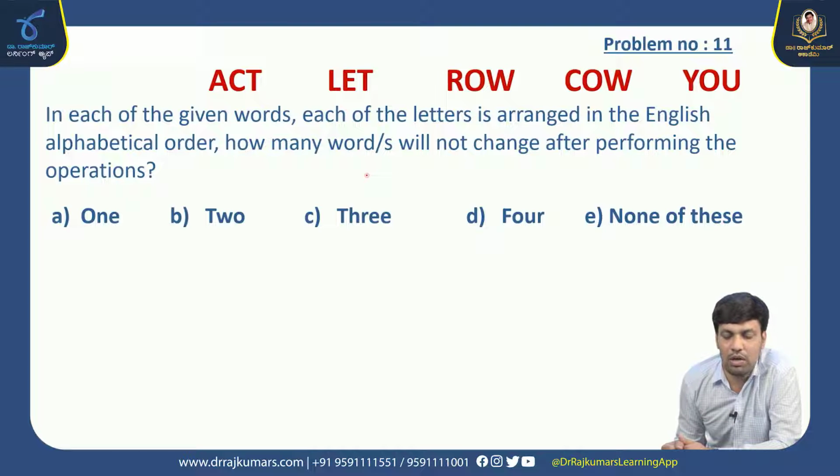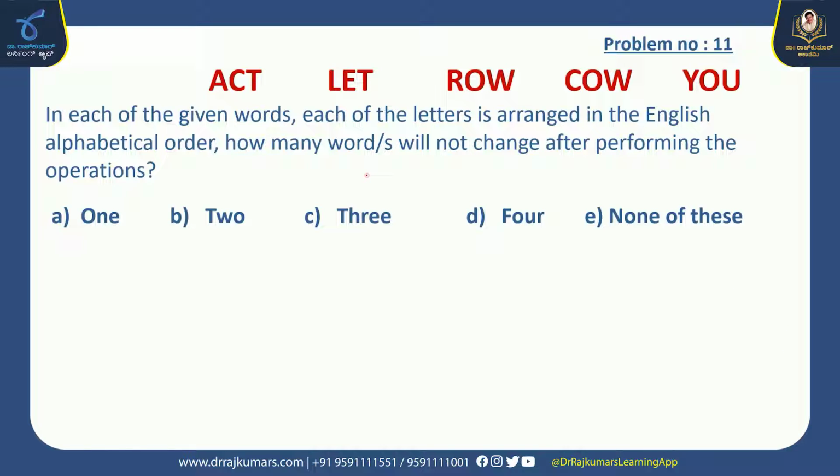How many words will not change after performing the operation? Here the operation to be performed is, in each individual word, we need to arrange the letters in ascending order as per the English alphabet. The options here are 1, 2, 3, 4. After performing these operations we need to check the words which have not changed their positions.